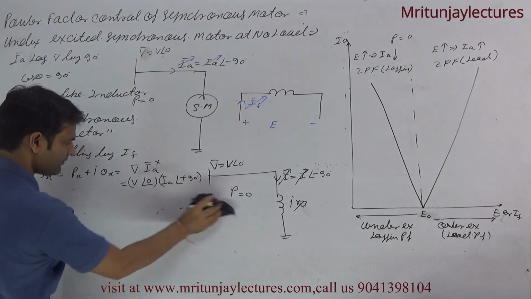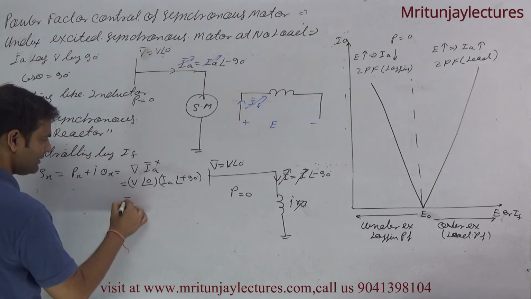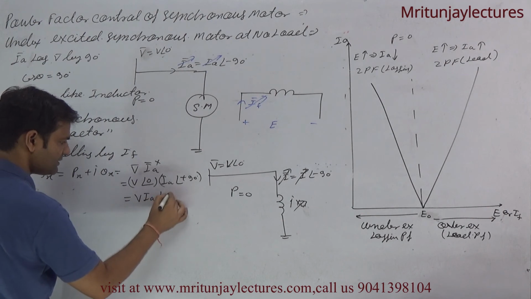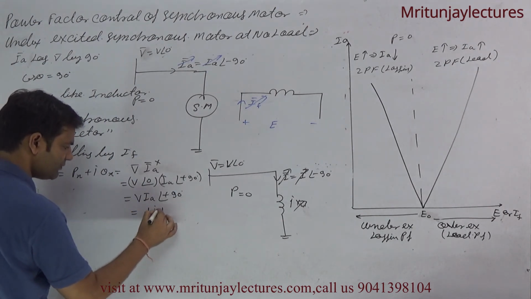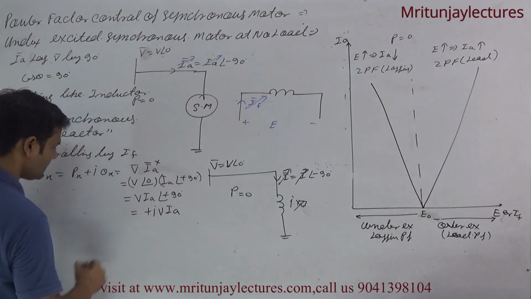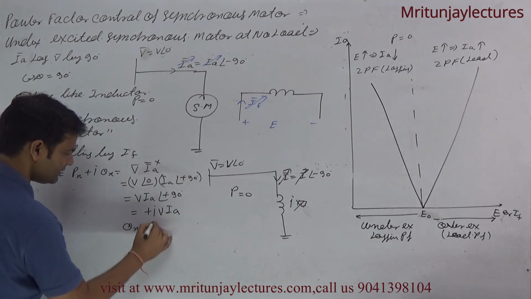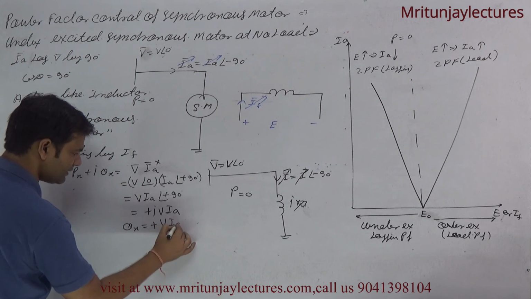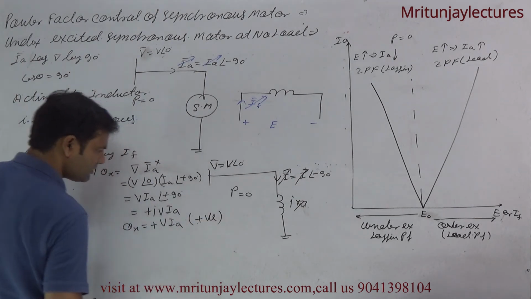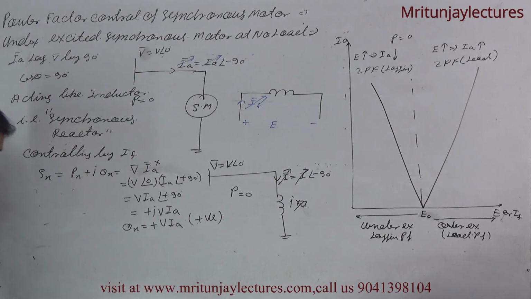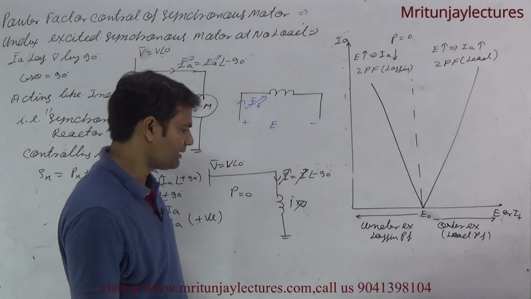So it is written as V into IA at plus 90 degrees, and finally we get plus j into V into IA. So what about QX? QX is plus V into IA, that is plus VAR, or you can say MVAR.